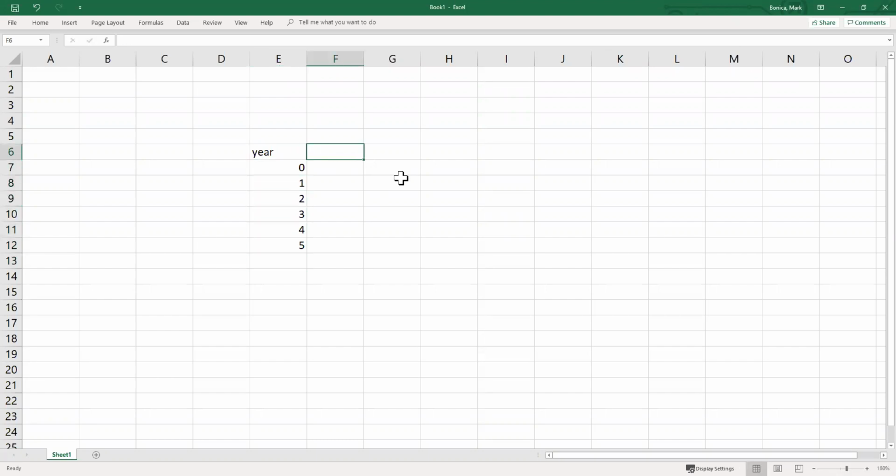We have our cash flows of minus 100, 30, and then 30 all the way down, right? And then we have a salvage value of 20. I'm going to put it over here just because that's how I feel like doing it. And then we can do a total cash flows.